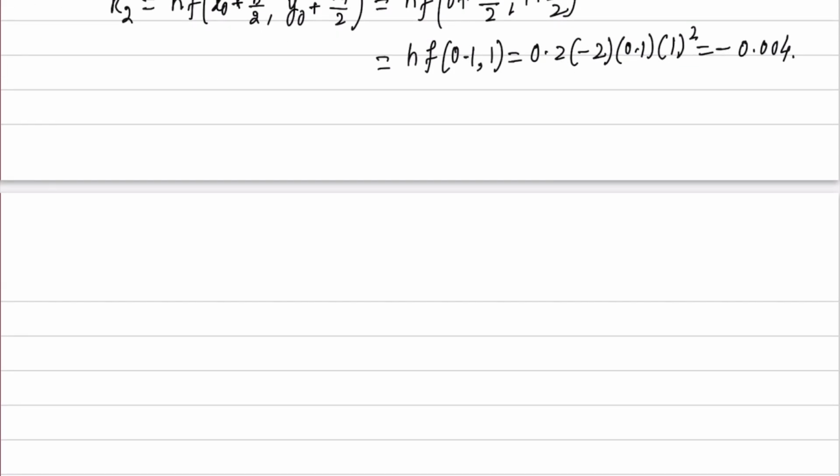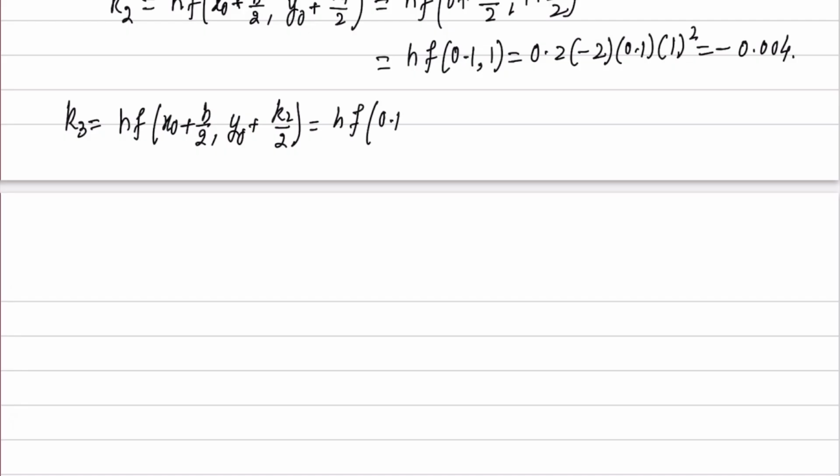Now similarly we can calculate k3. K3 is equal to h f of x naught plus h by 2, y naught plus k2 by 2. Now using the value, this is equal to h f of 0.1 comma 1 minus 0.004 divided by 2.